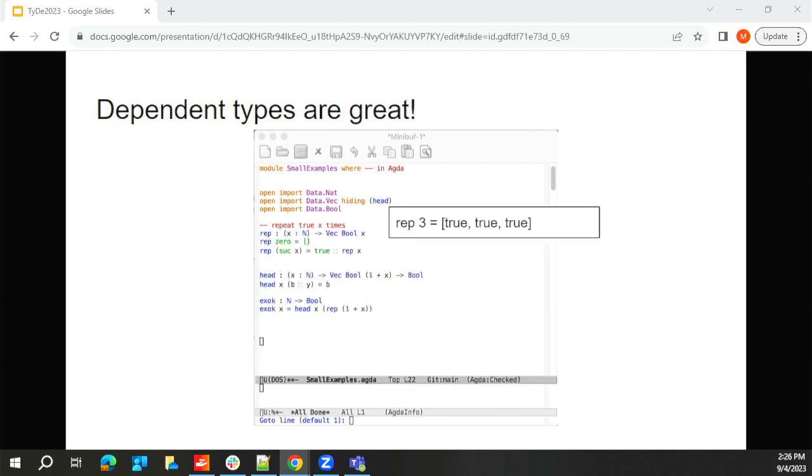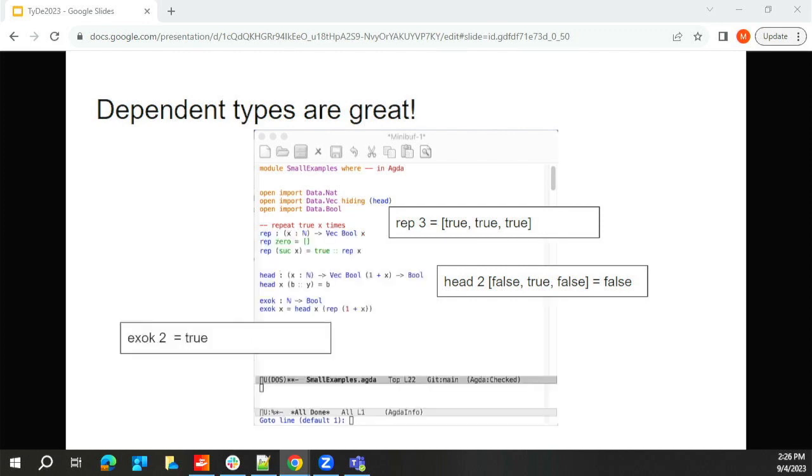It makes a length-indexed list of trues if you give it a number of that length. If you give it a number and a list of one more than that length, it'll give you the first thing of that list, and we know because of the type that it can't look at an empty list and get a head. And you can build it all into one little program, and this is great.